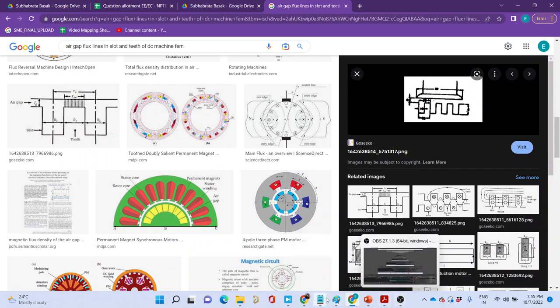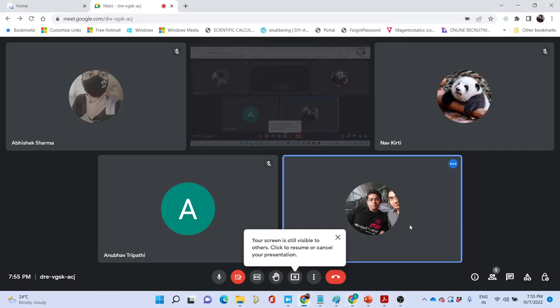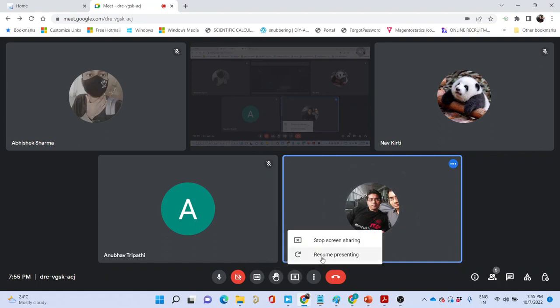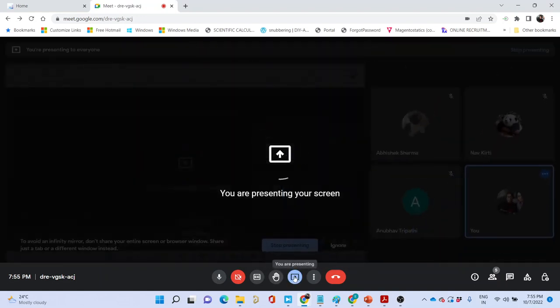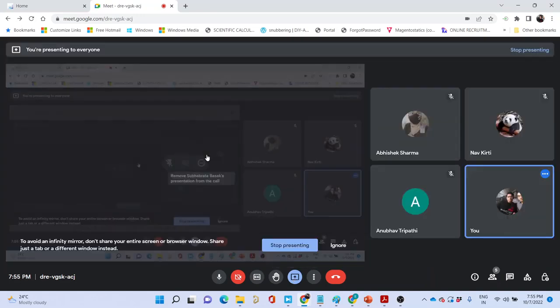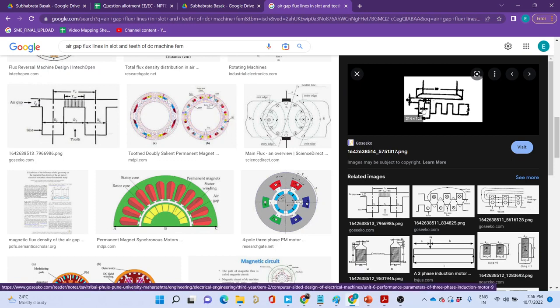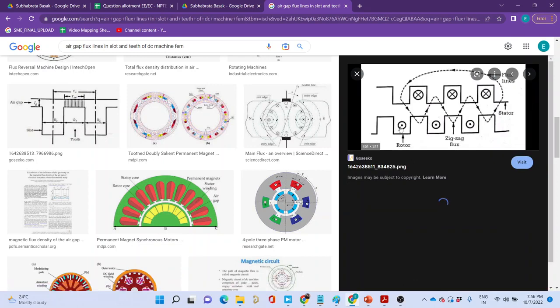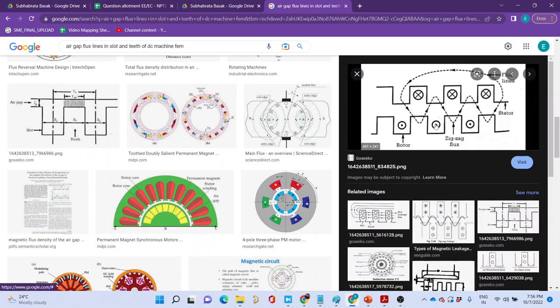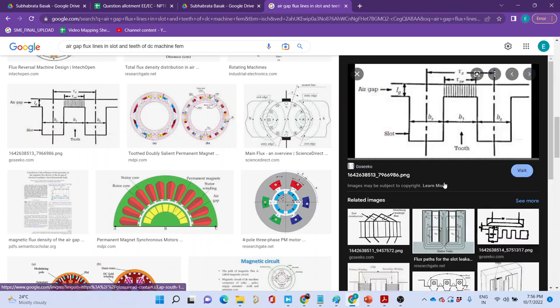Okay, you see this picture. Can you see this picture? Yes. You see there is only one pole and below that there are slots. And in these slots there will be conductors placed just like this. You see these slots and there are conductors placed on it. Draw a picture like this.